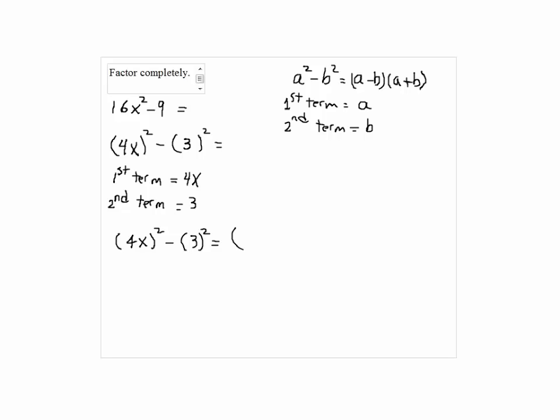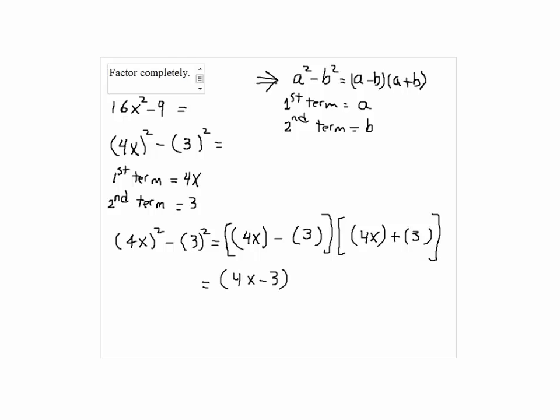In this case, my first term would be 4x and my second term would be simply 3. So when I have 4x to the power of 2 minus 3 to the power of 2, you have a difference of squares.